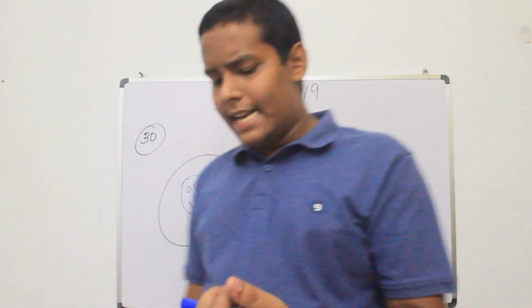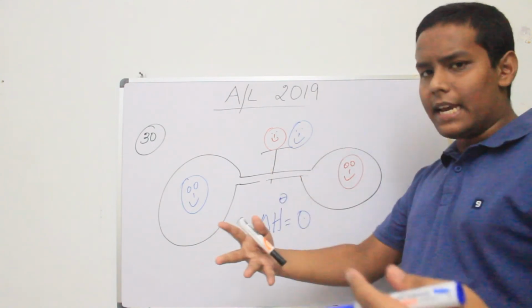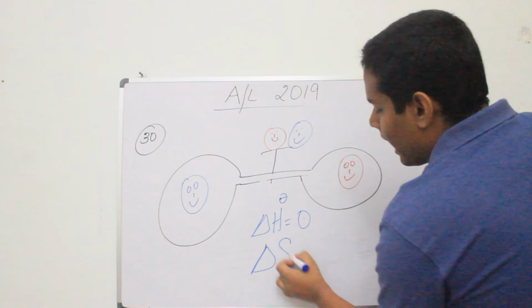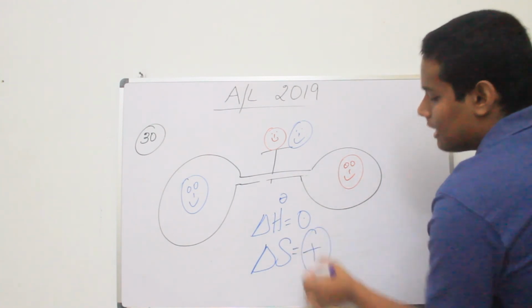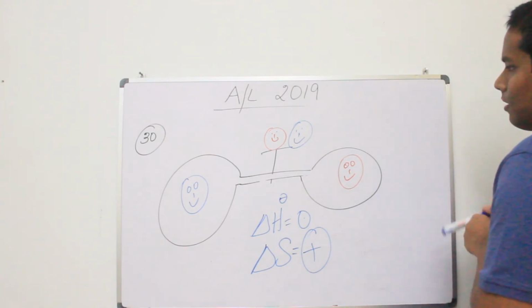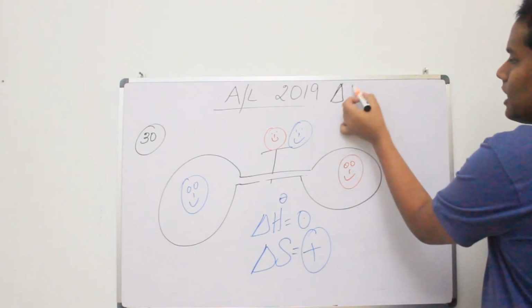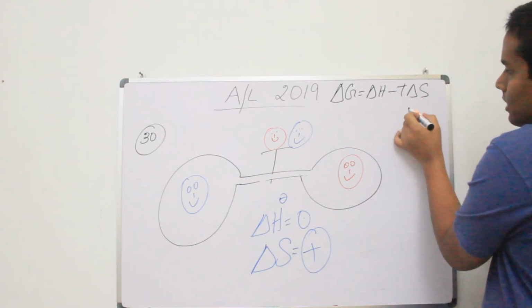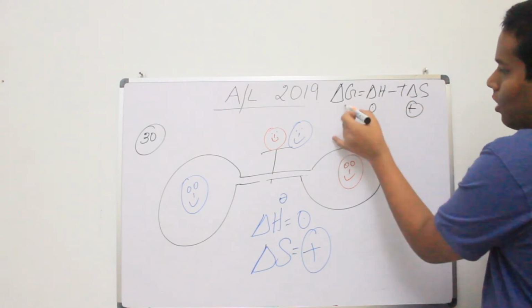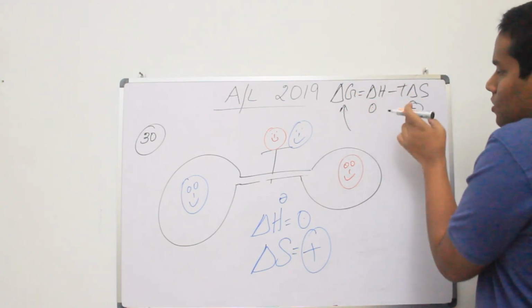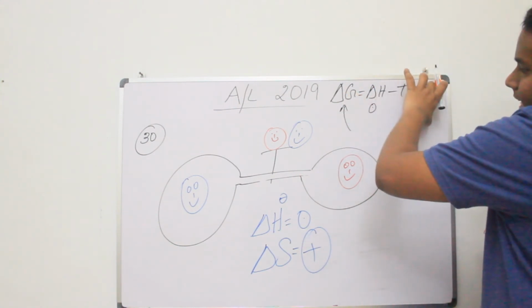What happens to delta S? The number of gaseous molecules increases. Randomness increases. So delta S is positive. Consider the equation delta G equal to delta H minus T delta S. Since delta S is positive and delta H is 0, minus T delta S is negative.